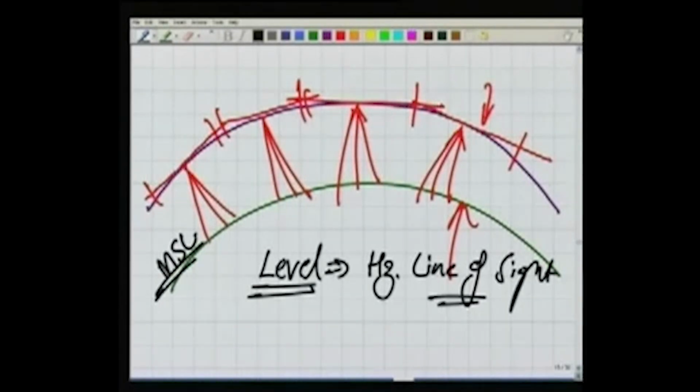We can establish the level surface using the level, which gives us in fact the horizontal surface or horizontal line. Now, having understood this, we can make use of this level and staff combination in order to determine the elevations of various points.